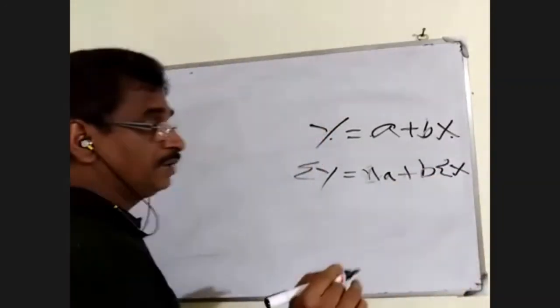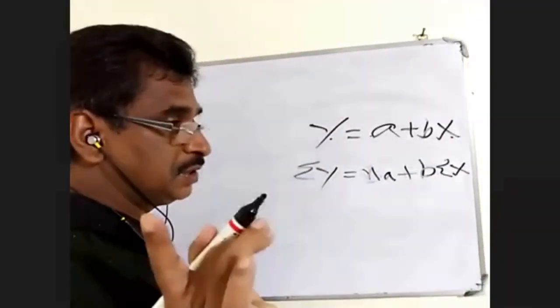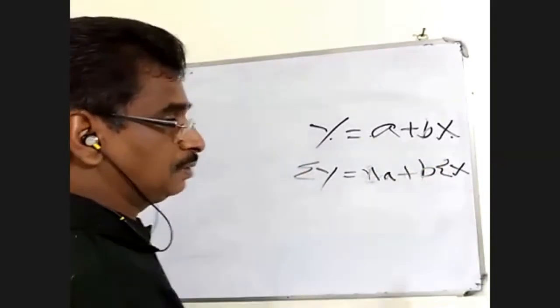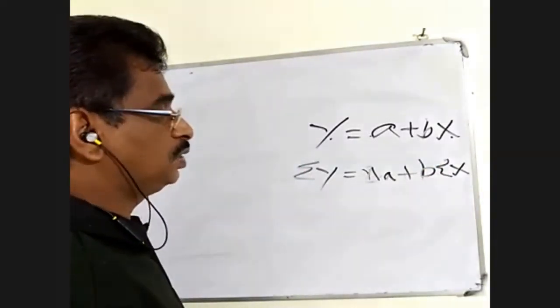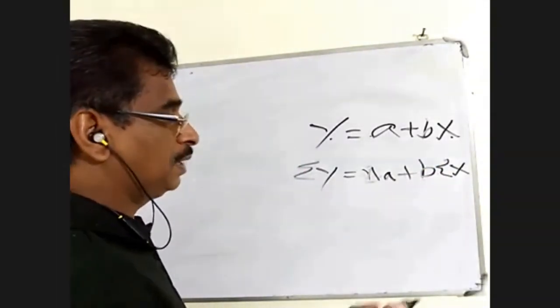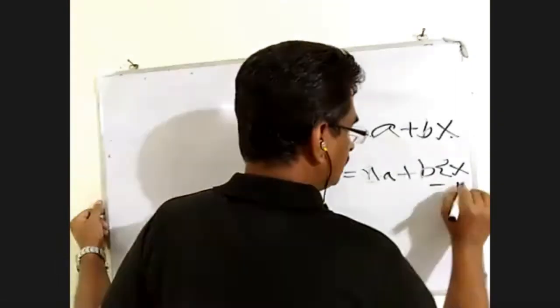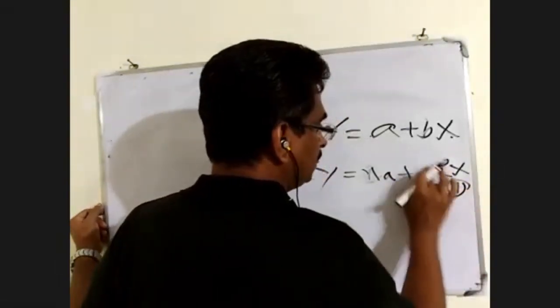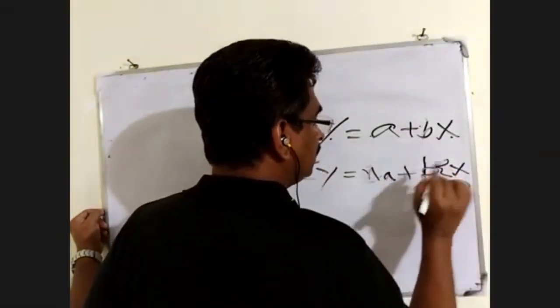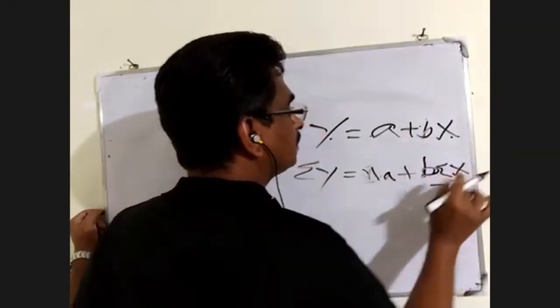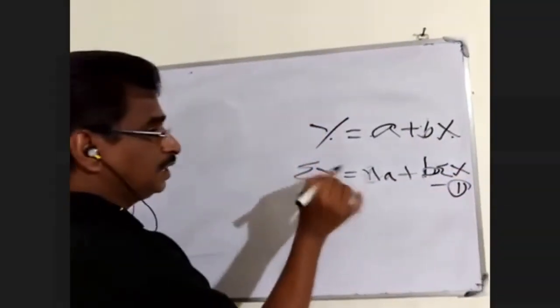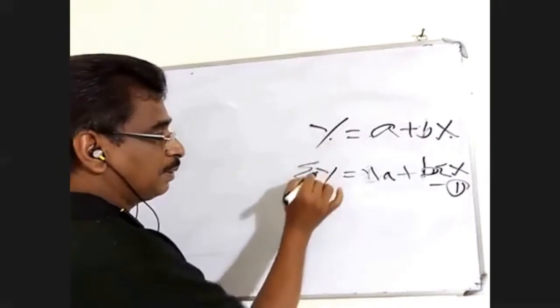I will give the notes, you can see the details of how it comes. Sigma y is equal to Na plus b sigma x, case number 1. Then there is an easy method: you have to multiply with x.